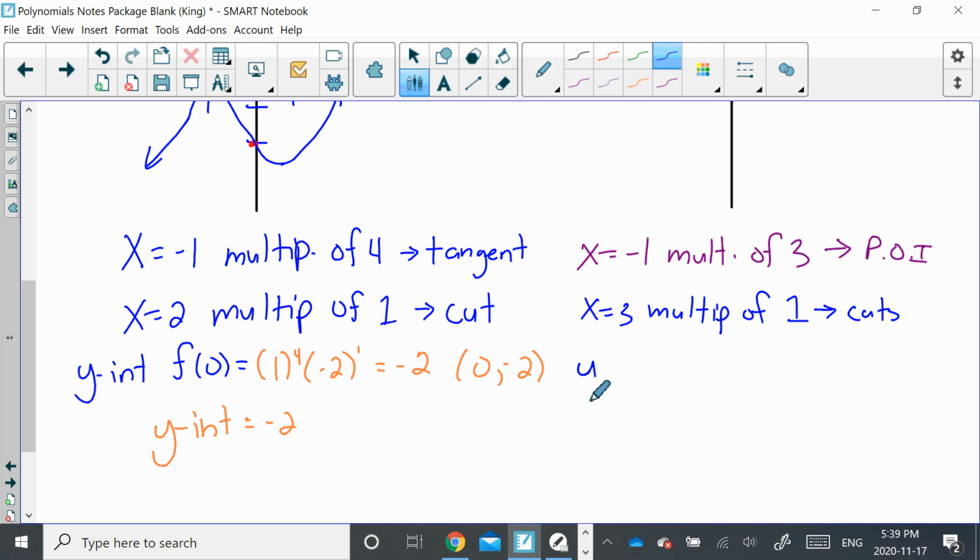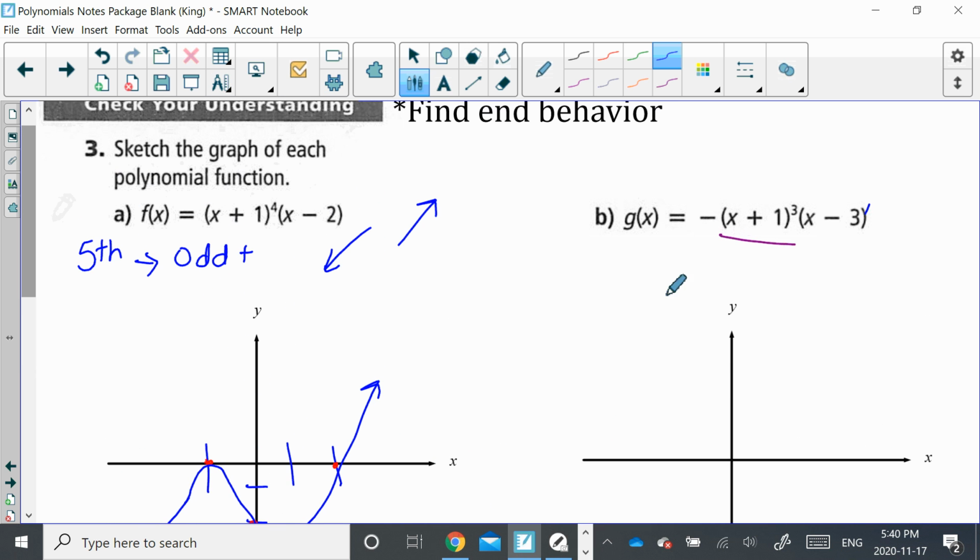Okay, the y-intercept. We're going to algebraically determine the y-intercept by letting x equal 0. So in our function, every time you see an x, you're going to input a 0. So we had a negative, and then we'll have 0 plus 1. So I'll just show you up here. I'm going to put a 0 here and a 0 here. So I'm going to have 1 to the power of 3 and -3 to the power of 1.